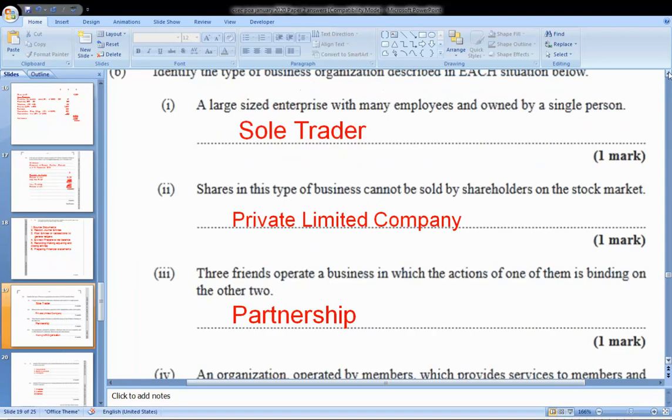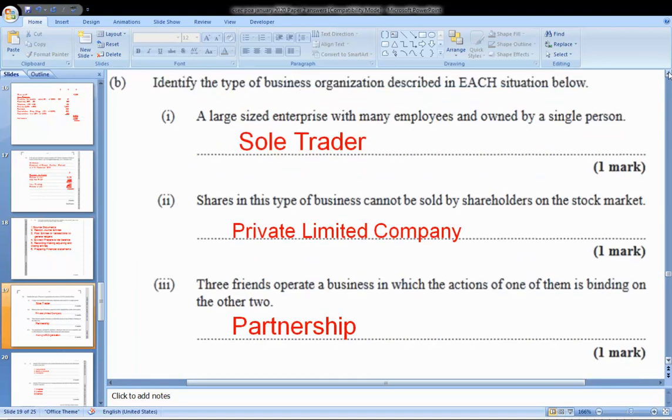So 4B says, identify the type of business organization described in each situation below. 1, a large-sized enterprise with many employees and owned by a single person. We know that's a sole trader. 1 mark for that. The second part says, shares in this type of business cannot be sold by shareholders on the stock market.